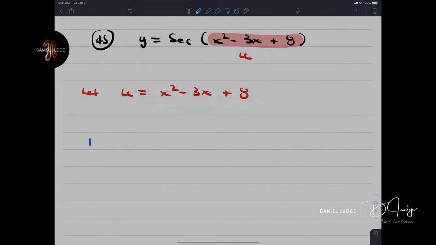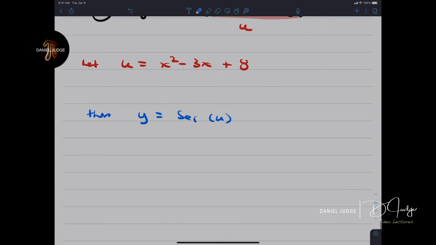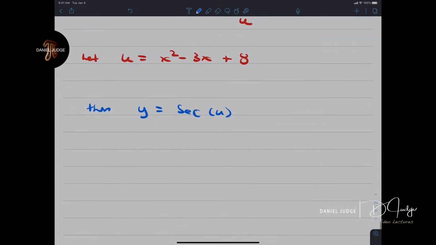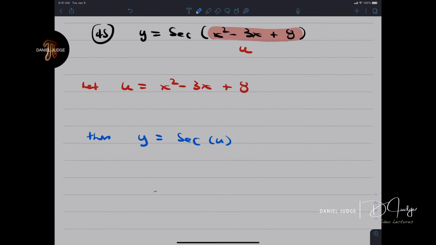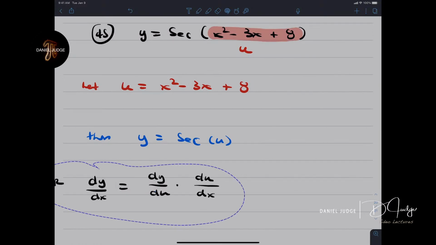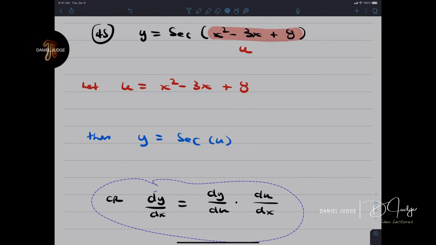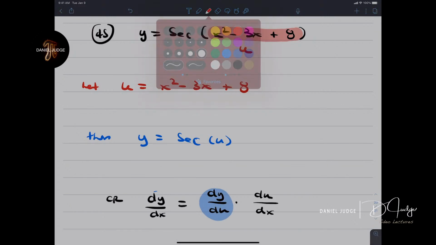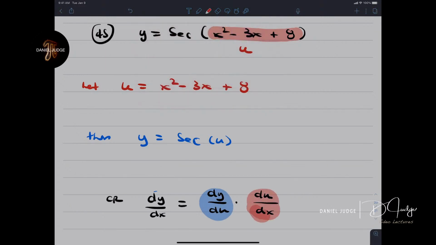And then that means y is really secant u. Okay, we need now dy du, that's going to be times du dx.